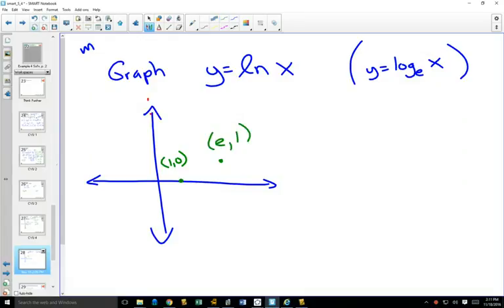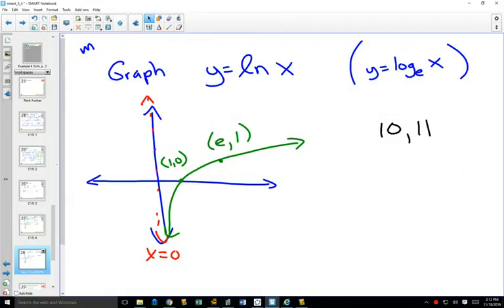All log graphs have an asymptote at x equals 0, and they follow this shape. Nice. So, practicing graphing some basic logs. Question 10 and 11.